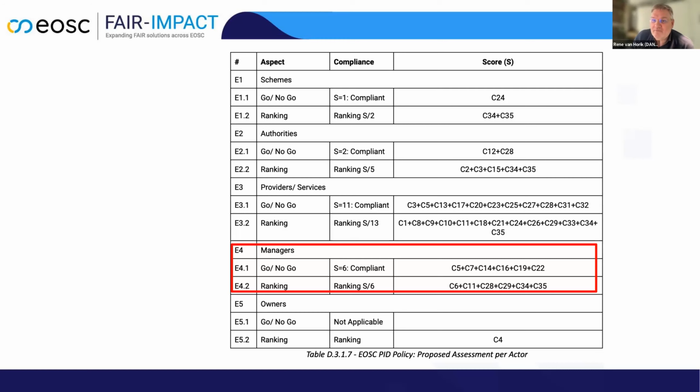So the more the better, but if not, it's still not a stopper for being compliant. Okay, are you still with me? So it's the principle, the criteria related to an actor, and then with an aspect of ranking or go or no go.